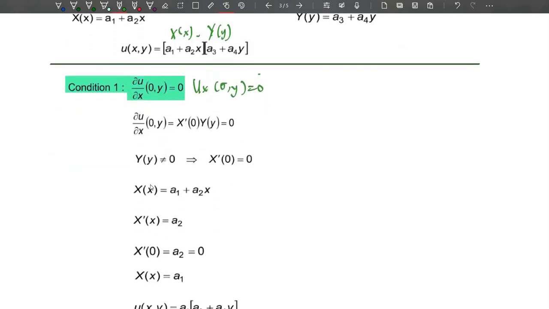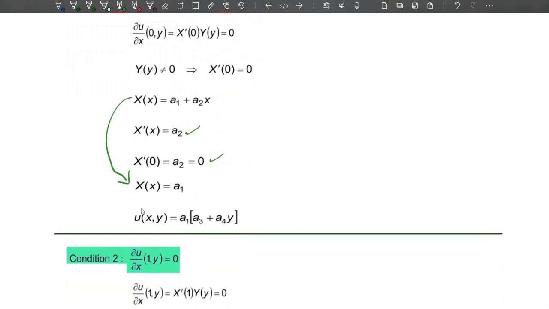So differentiate X with respect to x, we have X prime x equal to a2. Substitute X prime 0 equal to 0, which means a2 equals 0. Automatically X of x will be equal to a1. Since we have a2 equal to 0, this will be the new U of x, y equal to a1 times a3 plus a4y.